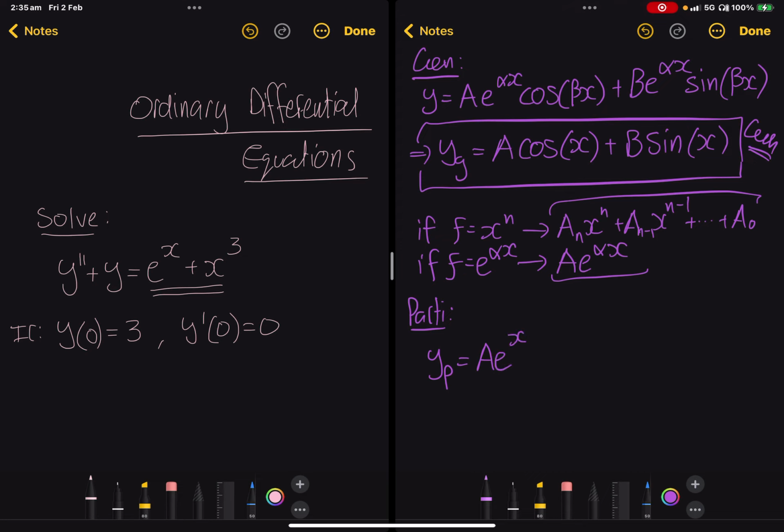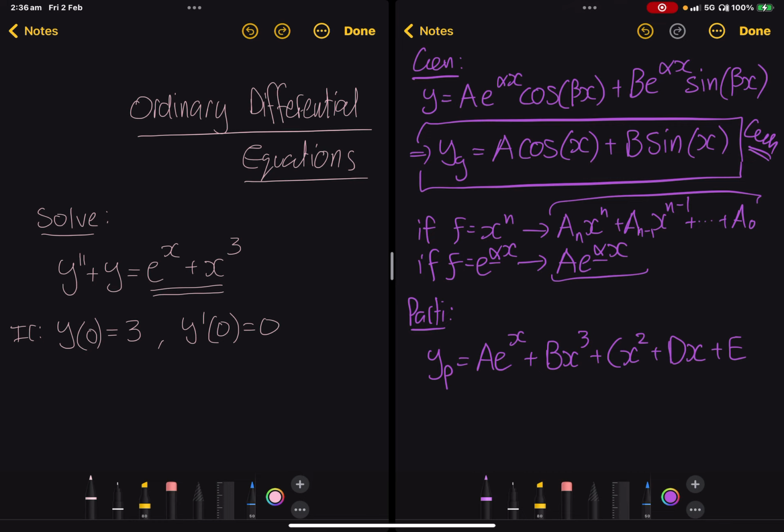In this case, the alpha is 1 because this is just an x up here, plus b x cubed plus c x squared plus d x plus e. And this is our particular solution.